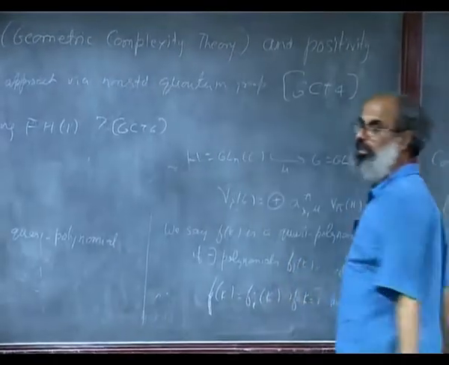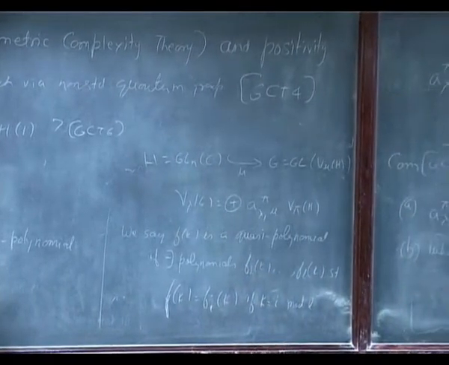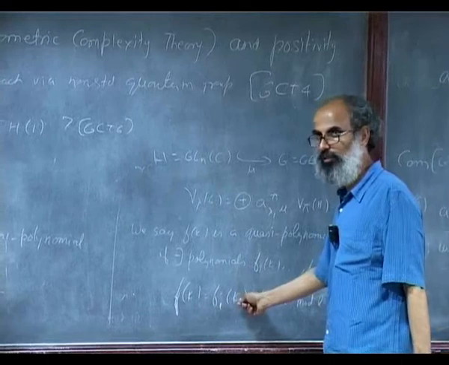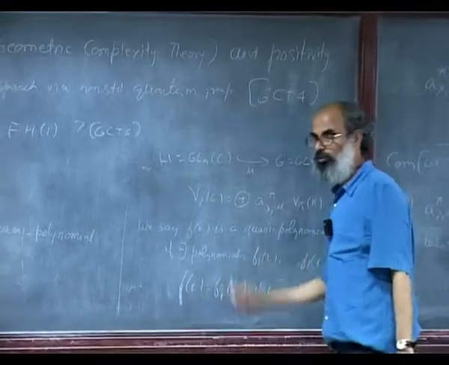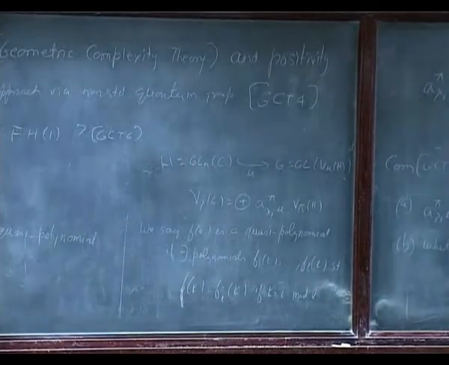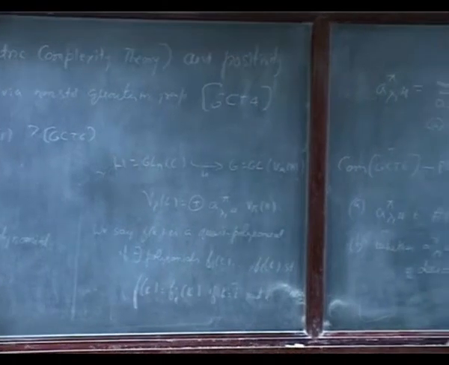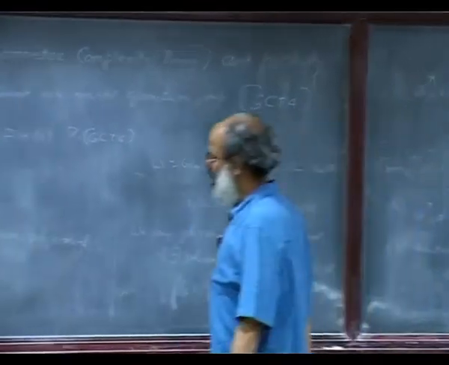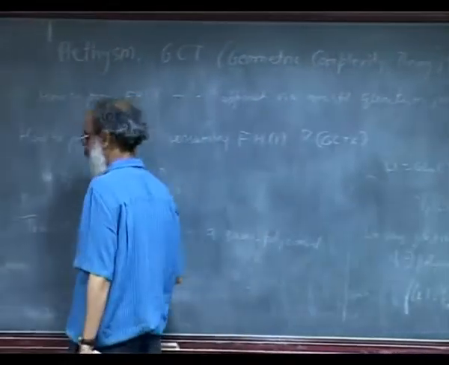So depending upon the residue class of k, you evaluate the appropriate polynomial at that k, and f(k) should be equal to that polynomial. So it's not one polynomial, but a bunch of polynomials. So what this says is that this is a quasi polynomial.